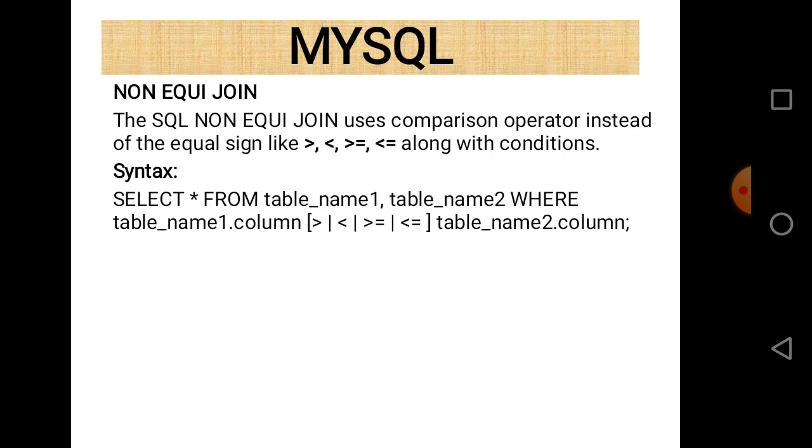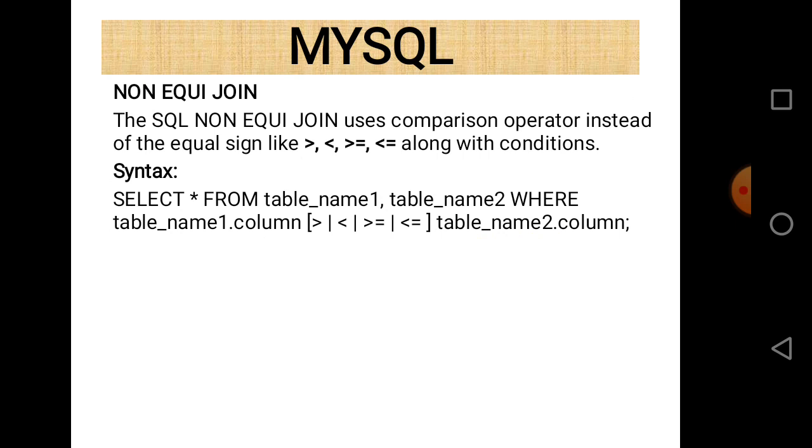First, to differentiate between an Equi Join and a non-Equi Join, the difference is that in non-Equi Join, less than, greater than, less than or equal to, not equal to, operators other than the equal operator are used as comparison operators.